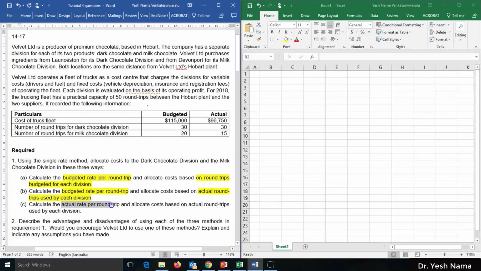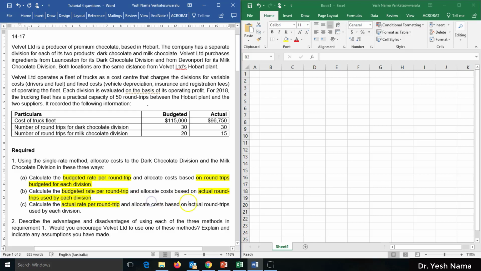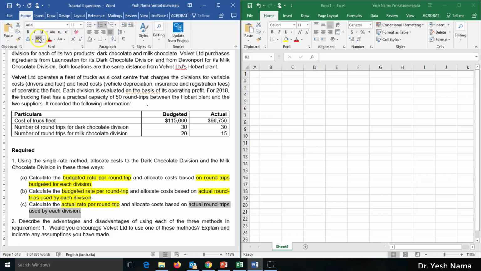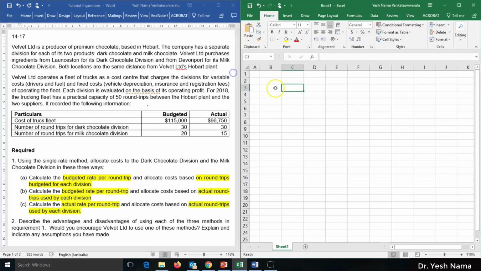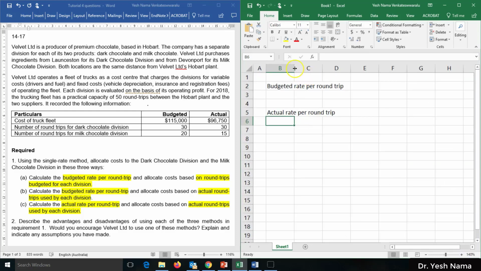And finally, we need the actual rate per round trip and the actual number of round trips, which is also given in the question. So what we need to do is to calculate the budgeted rate per round trip, and also the actual rate per round trip. So we need to calculate these two numbers.